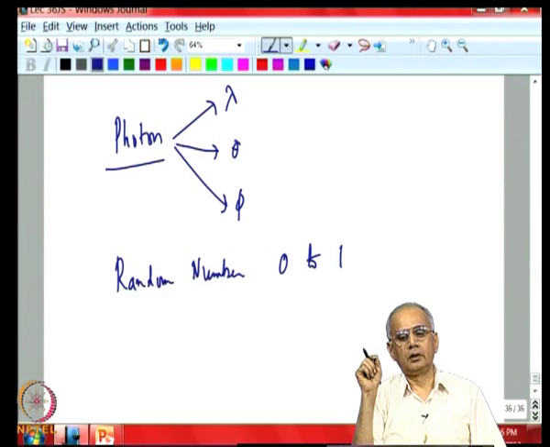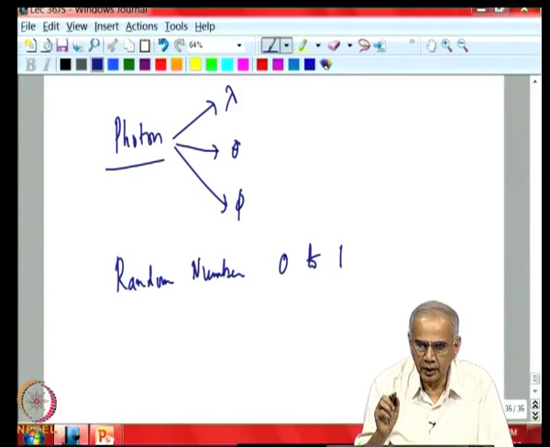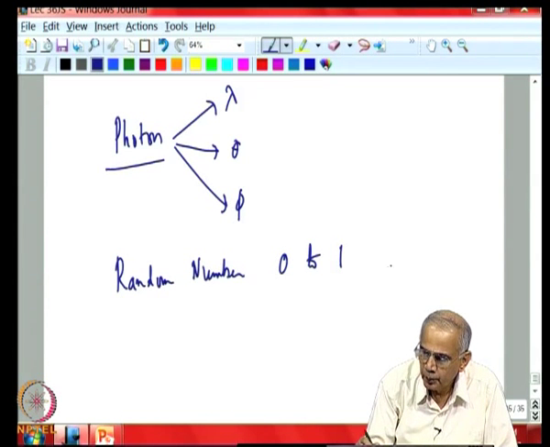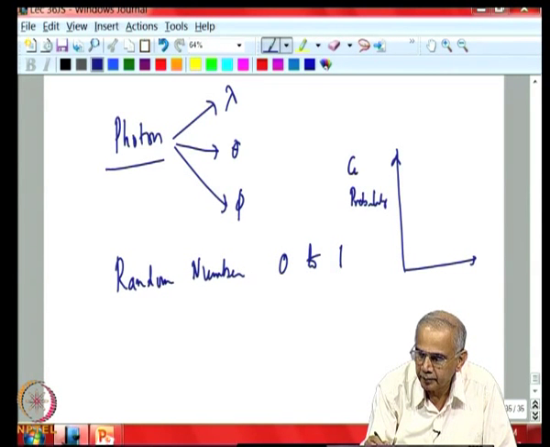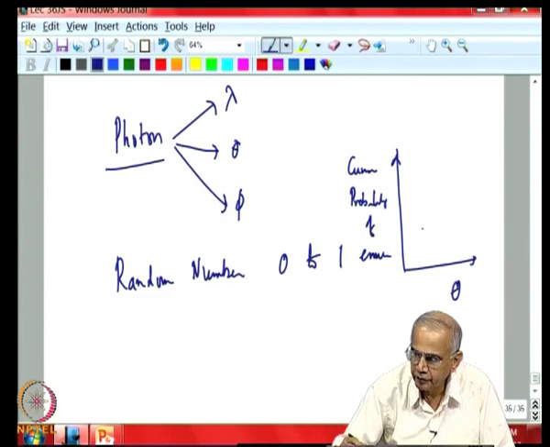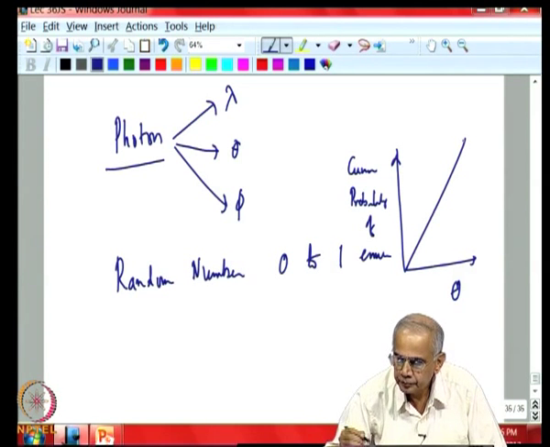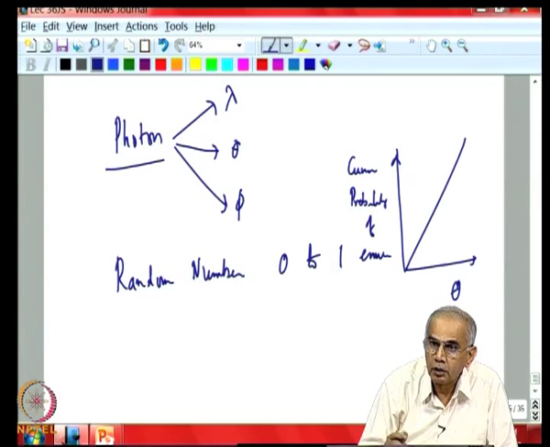Now, let us take one example. Suppose you look at a surface which emits uniformly in all directions. If that is the case, the cumulative probability of emission as a function of theta will be a linear function, because all angles are equally probable.